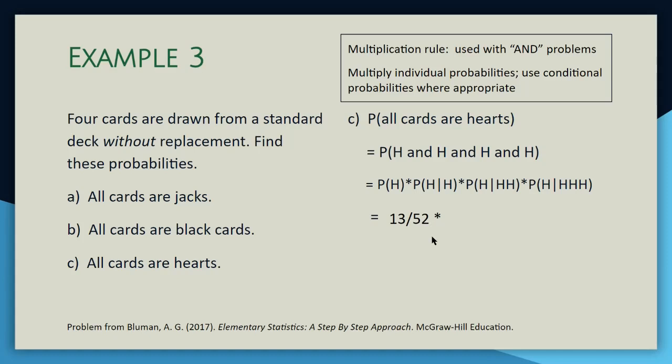And just like the last few, that numerator and denominator are both going to decrease by 1 as we remove hearts from the deck. When I multiplied those, I ended up with 17,160 over that 6.5 million, which is 0.002641. So less than 1%.